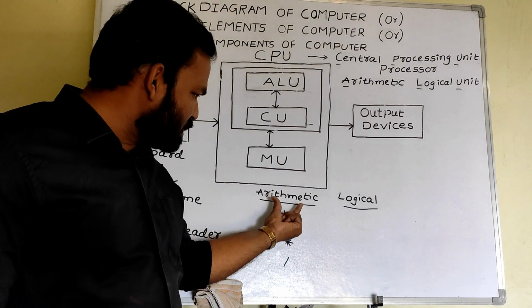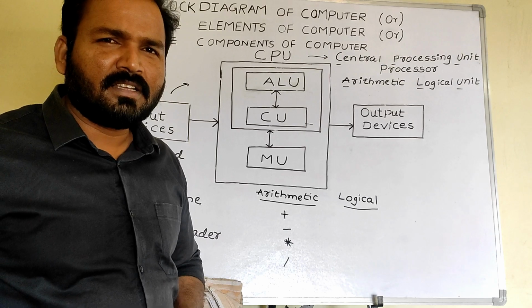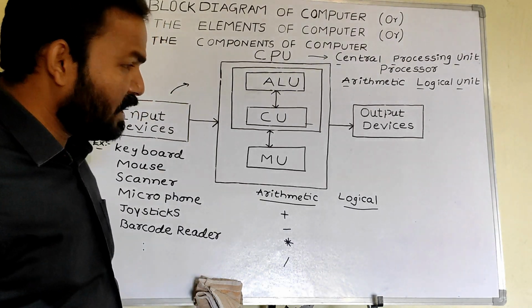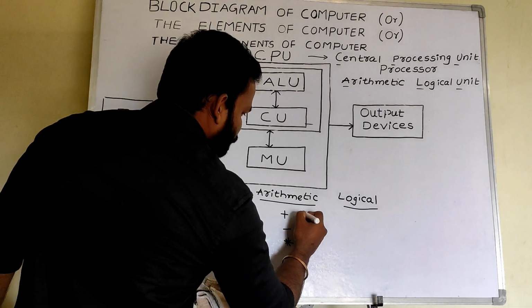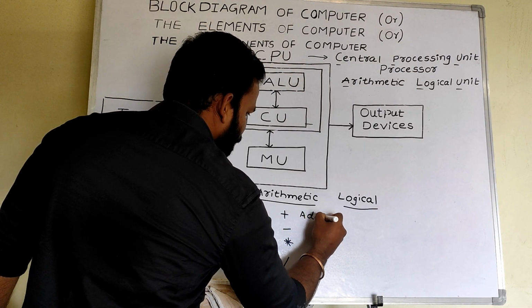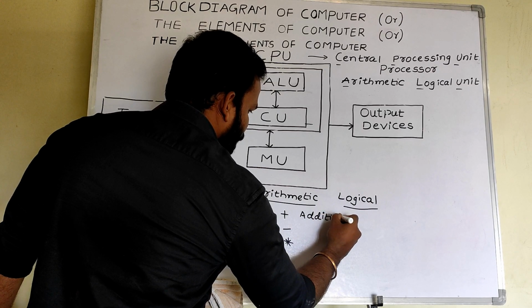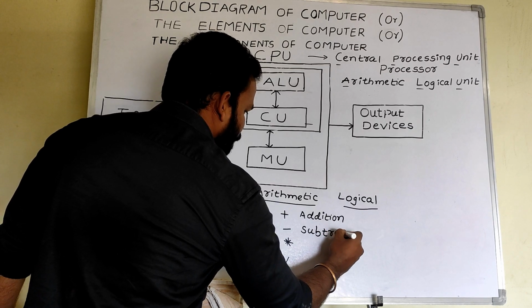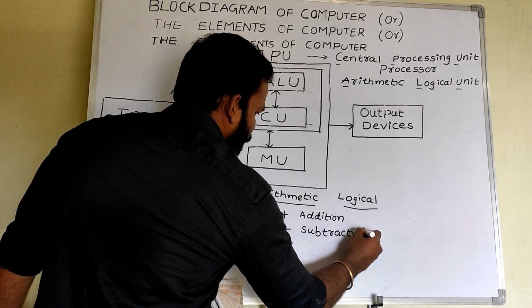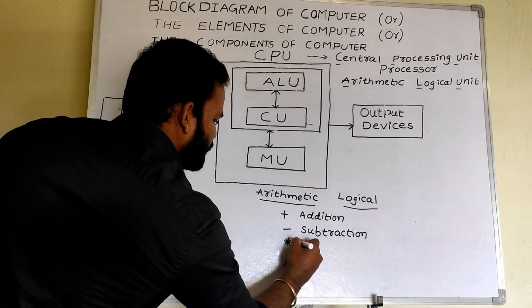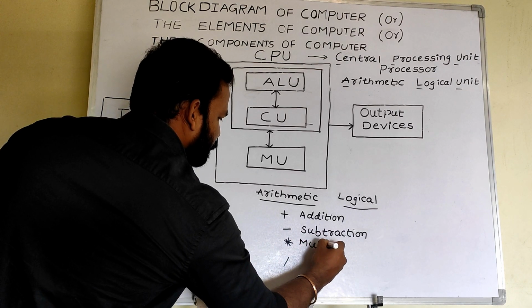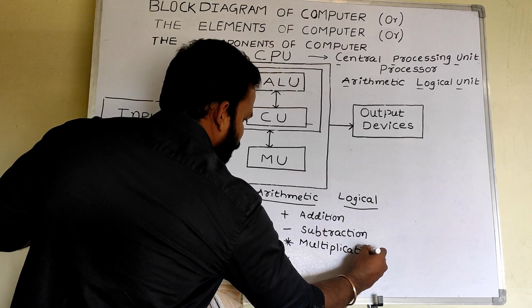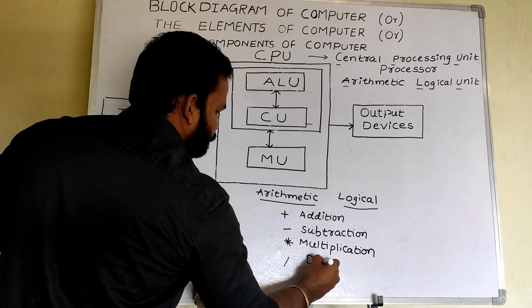ALU uses these arithmetic operators to perform arithmetic operations such as addition, subtraction, multiplication, division.